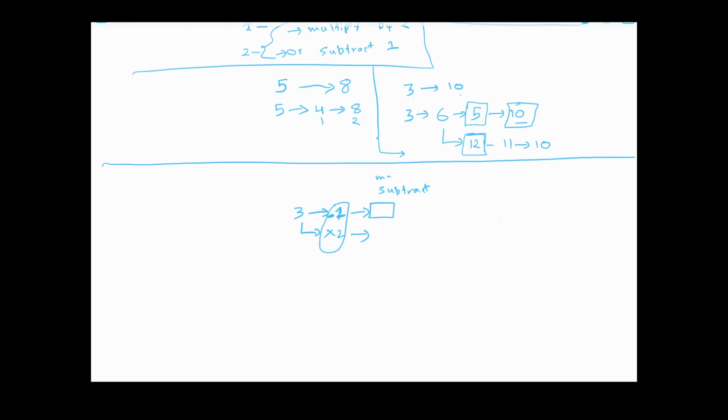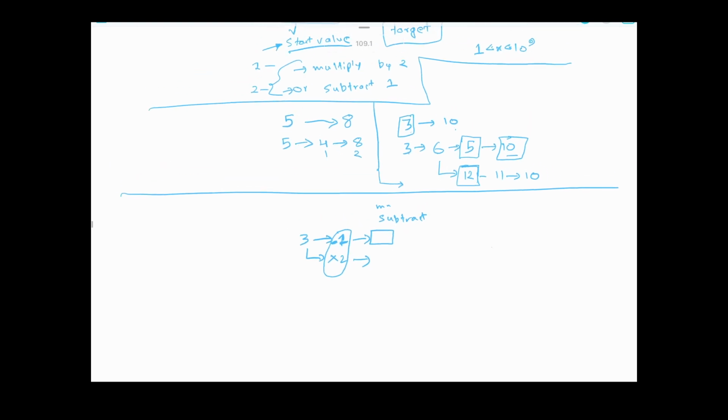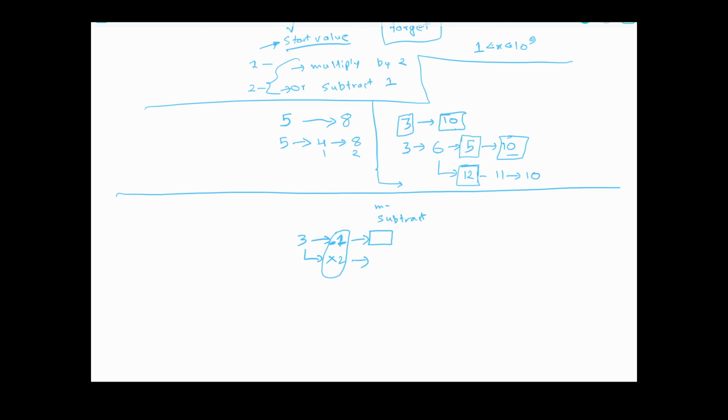Another solution, if we think about it: we have these 2 operations from the start, but if we start from the target, will it make it easier? From the target going to the start value, we can either divide by 2 or add 1.